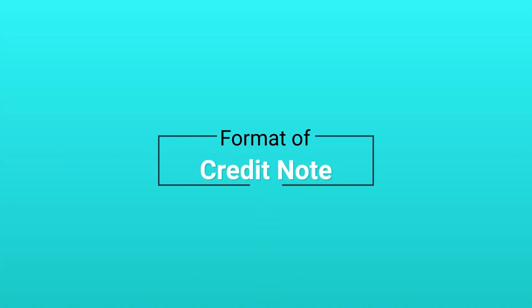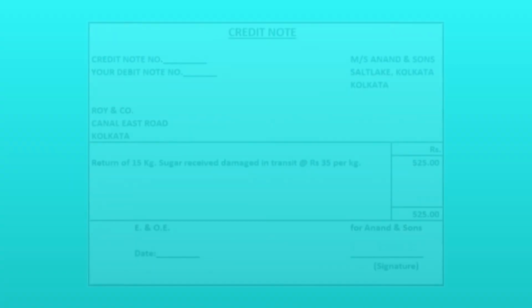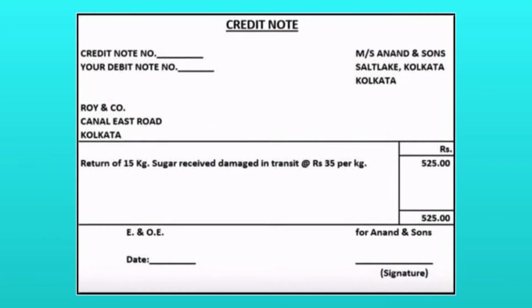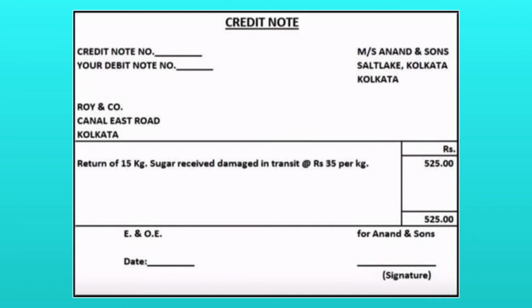So this is the format of credit note. Credit note number is written here, and here your debit note number. Here Messrs. Anand and Sons is writing the credit note to Roy and Company, and here returns of 15 kg sugar received damaged in transit at the rate of rupees 35 per kg, 525.